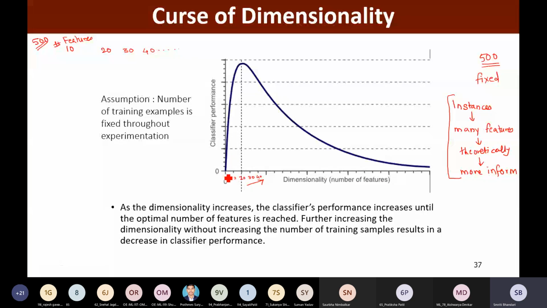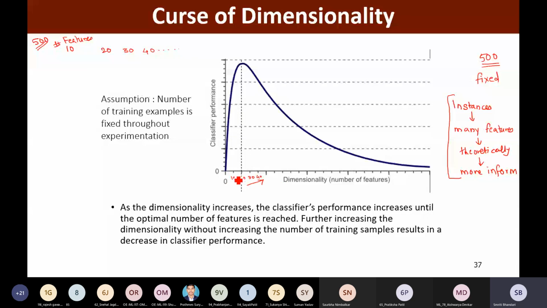So for every experiment, we have computed the performance of classifier. Right? So what is the accuracy or what is the error that is being produced by our classifier with say 10 number of features, say 20 number of features, then 30 number of features and so on.